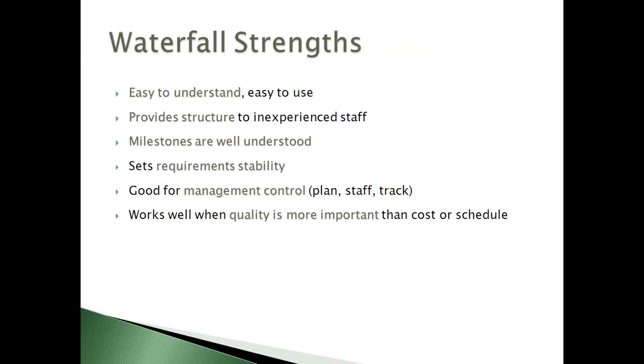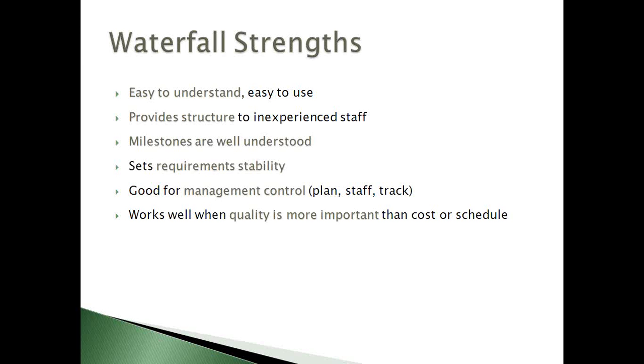And these are some of the advantages of the waterfall model, as it is easy to understand and easy to use, because the process is explained clearly for the different phases, without any particular rules and regulations that need to be followed.